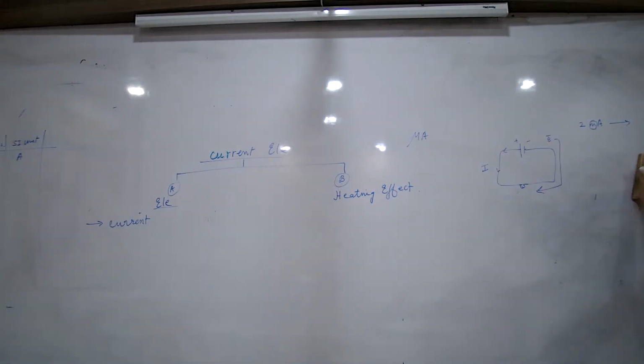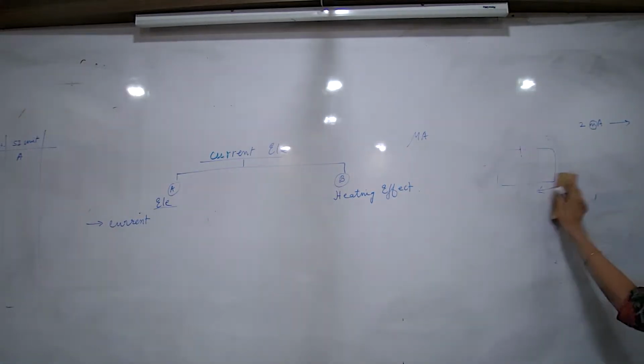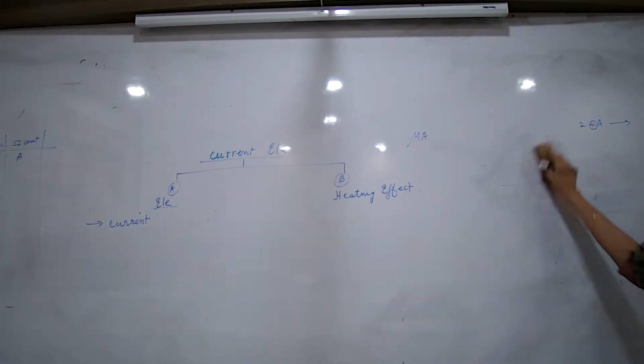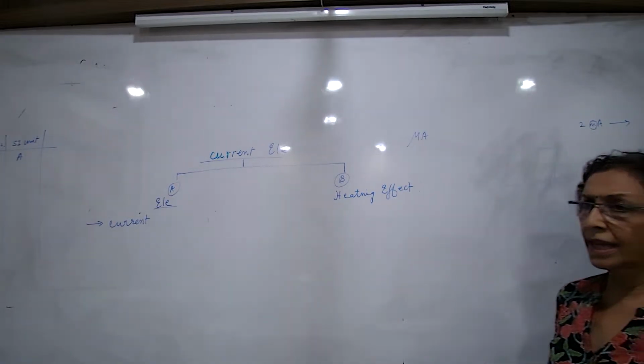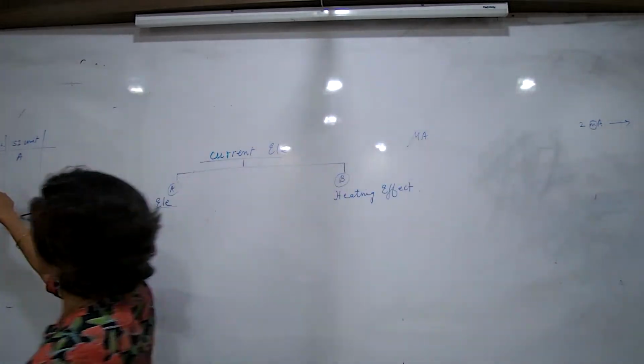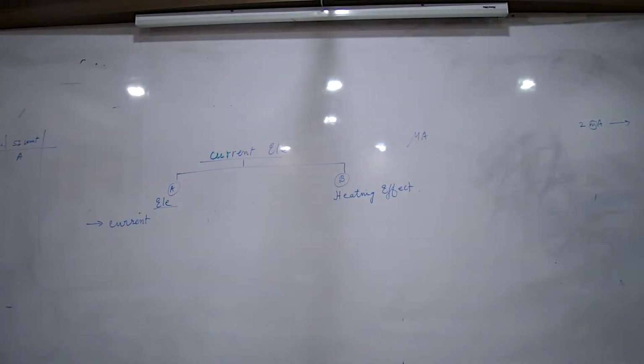Now, the next formula that we are going to be talking about is how do we calculate the current. So we said it is the flow of charges. And how do we represent charge? What symbol should we use? Q. Why are we getting confused between C and Q?